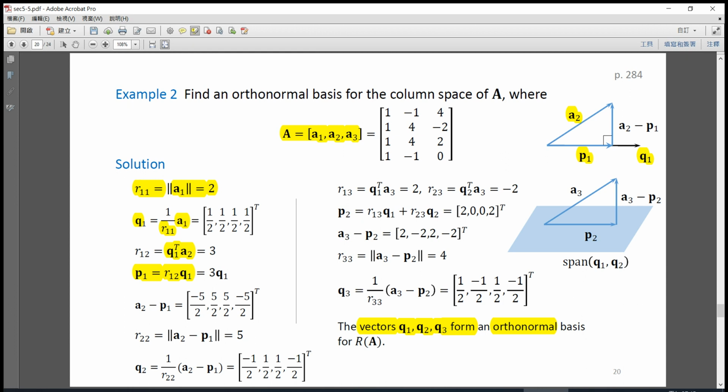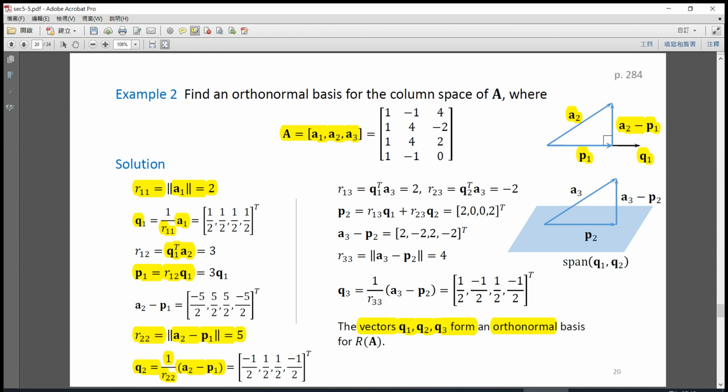After we obtain P1, we can compute A2 minus P1. A2 minus P1 is a non-zero vector, and therefore we can compute Q2 as A2 minus P1 divided by its norm. Its norm is denoted as R22, which equals 5.